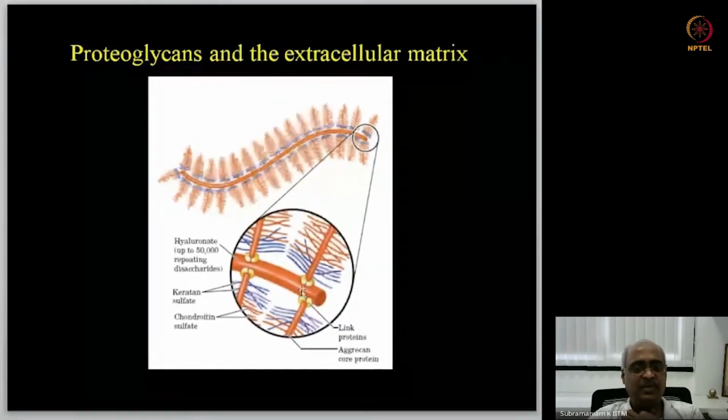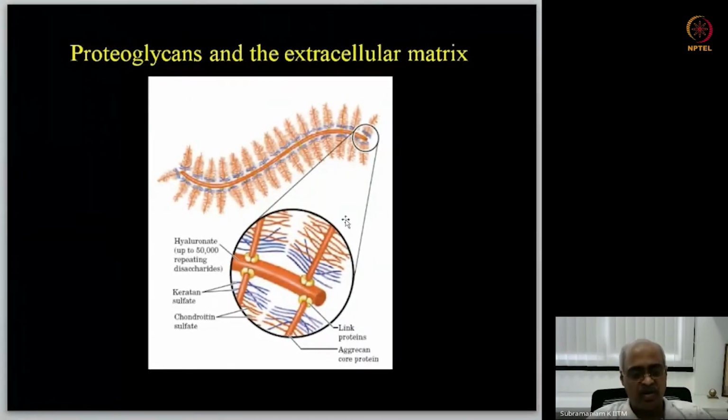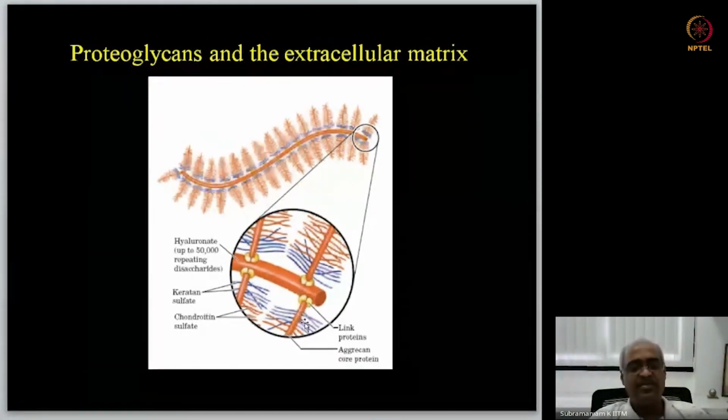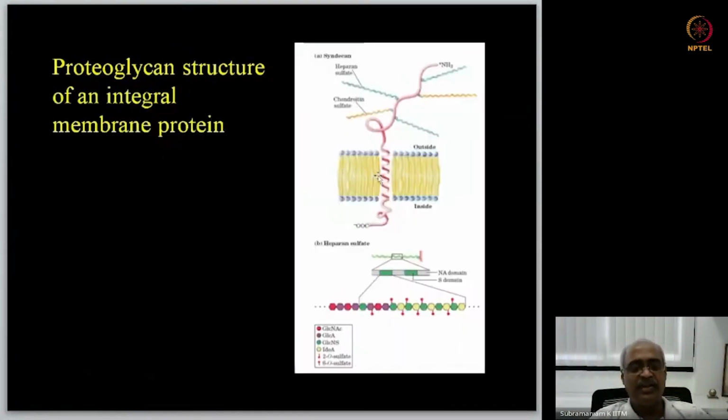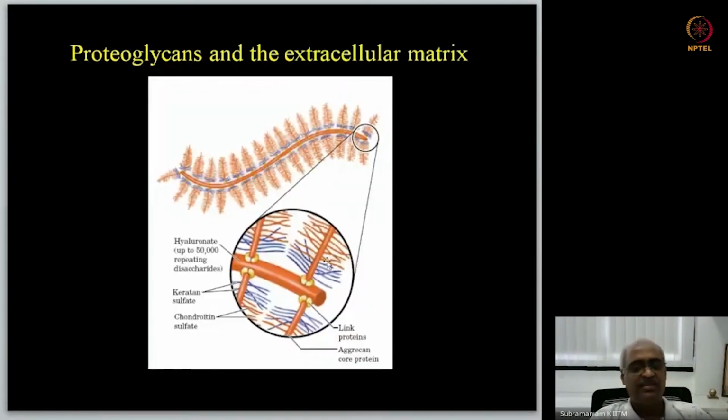Whereas this particular core protein is very large and it's called aggrecan, written here, aggrecan. See, these are long rod-shaped molecules, and instead of having 2 chondroitin sulfate and 3 heparan sulfate, these have several of them attached.